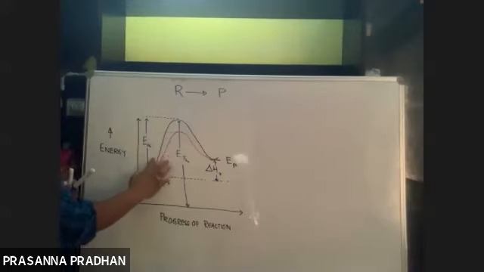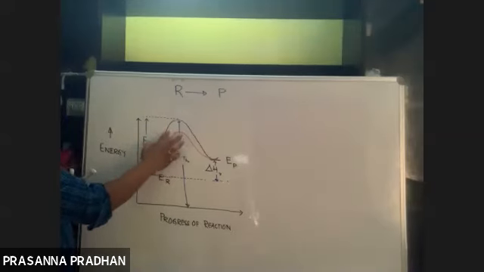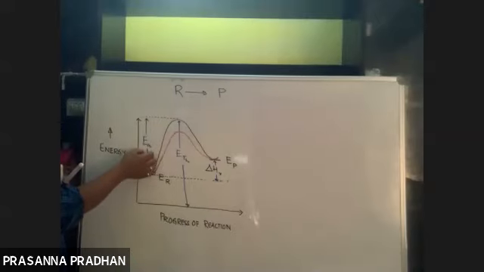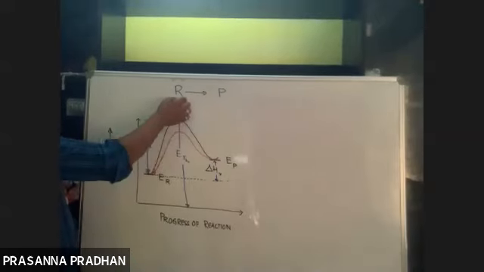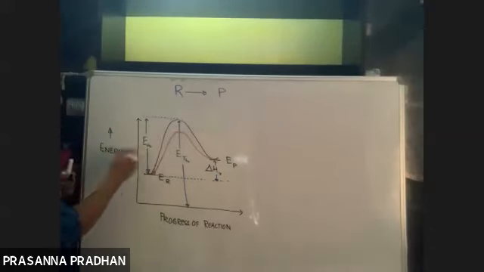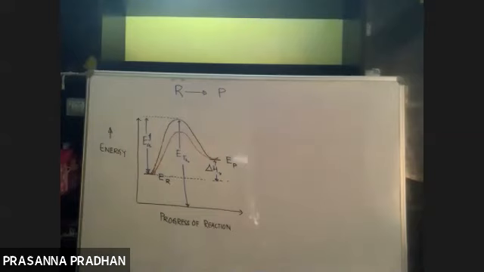So let me erase this. This was the activation energy required when the reaction proceeds from reactant to product. Let this be denoted by EAF, meaning activation energy of forward reaction.